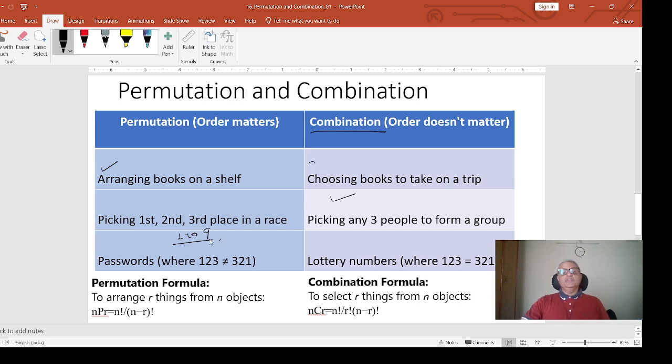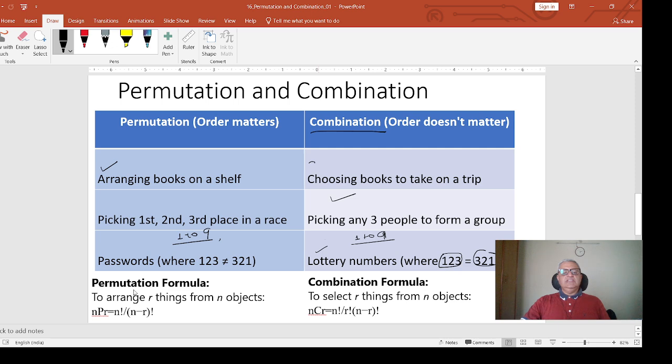Whereas in a lottery, you just have to select three numbers from 1 to 9, so there is no sequence in it. In a password, you have a sequence. In a lottery, you are not expected to have a sequence because you're just picking three numbers. So if you get 3 2 1, that is the same as the combination 1 2 3.